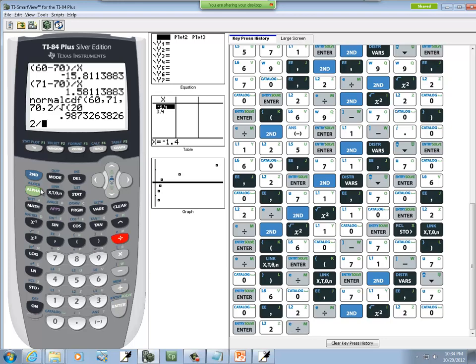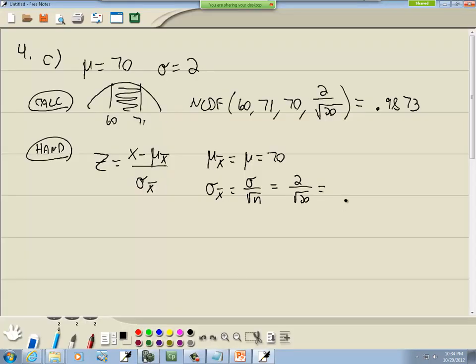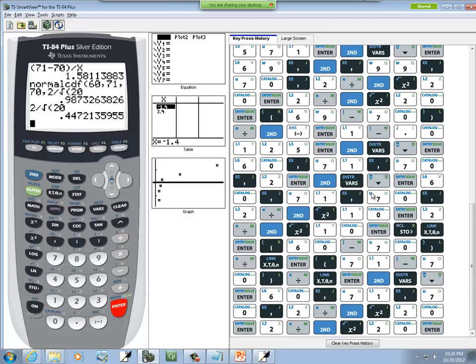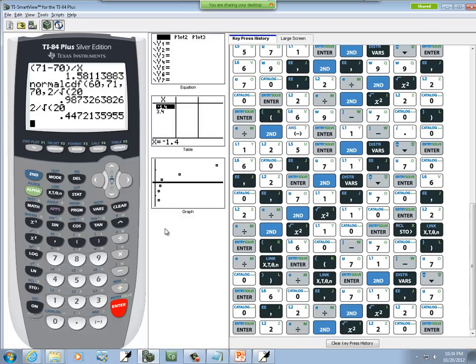So 2 divided by the square root of 20 gives 0.4472135955. And I'm going to store this because I'm going to use it in a couple places.